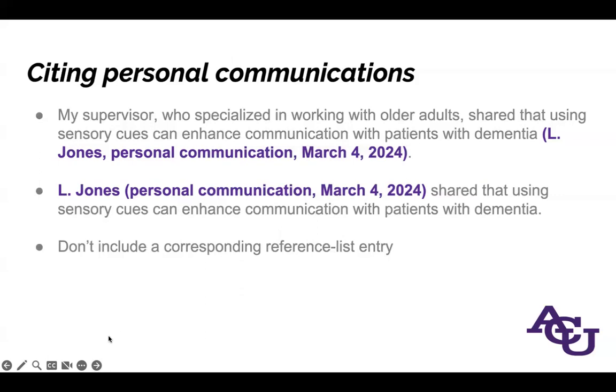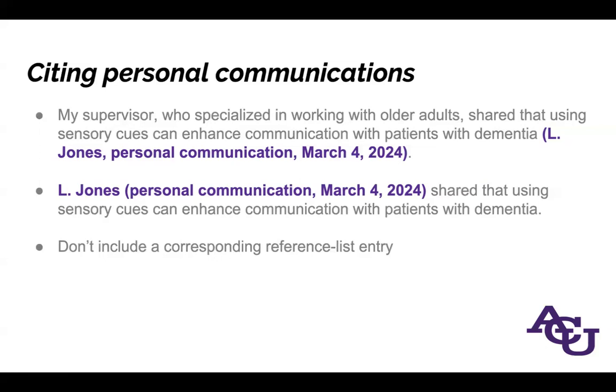Now, in the second example, which is a narrative citation, we shift to include the name of the person who gave the communication. We include that in the sentence. So in essence, you could say in your mind as a reader, L. Jones shared that using sensory cues can enhance communication with patients with dementia. However, a parenthetical citation is still needed.